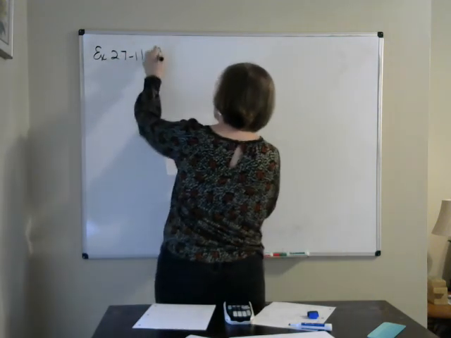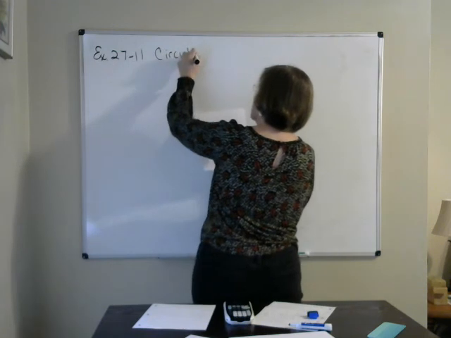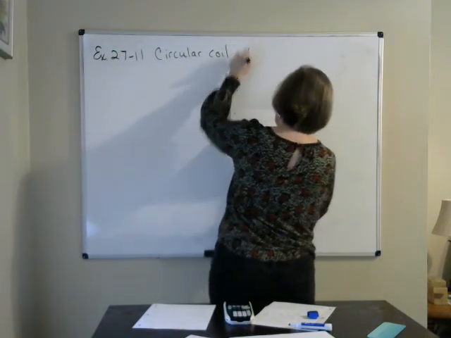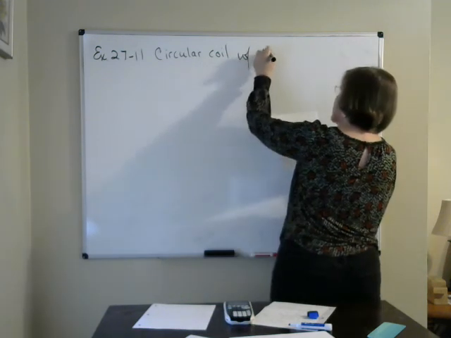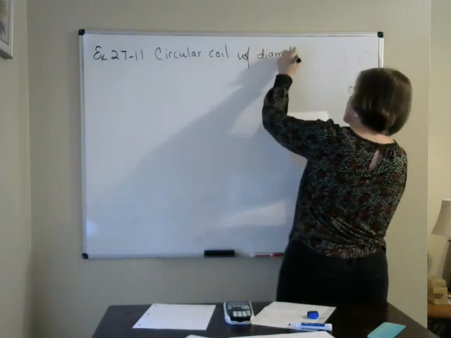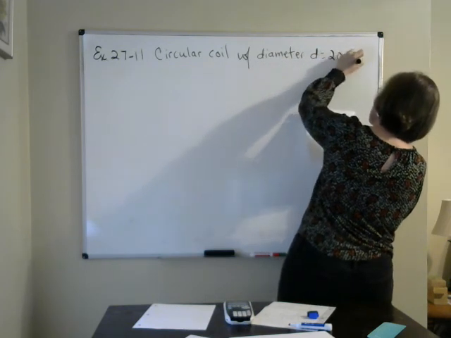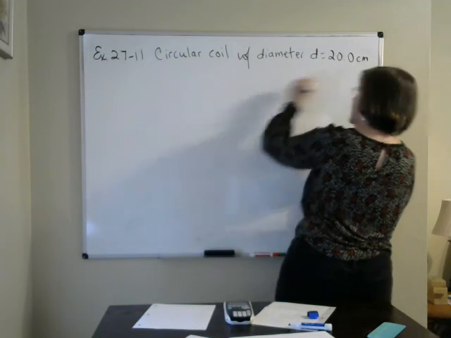In it, we have a circular coil with a diameter D equals 20.0 centimeters and 10 loops.